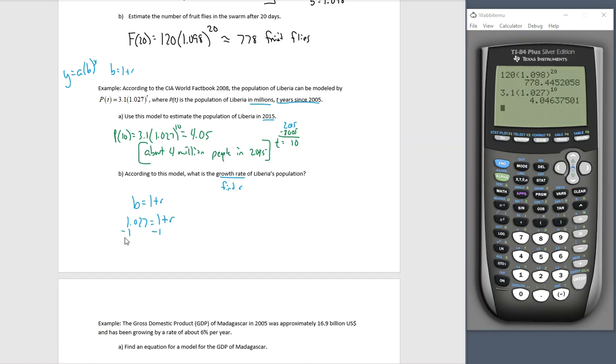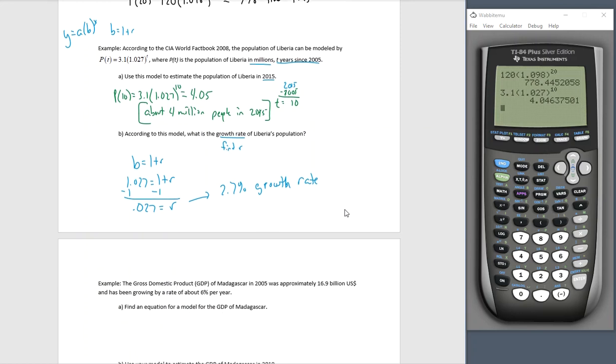So I can find my r value and turn it into a percentage. Since this is positive, it will be growth. If we were to find a negative value, we would have a decay rate. All right, so 2.7% growth rate is, according to that particular model, the growth rate of the population of Liberia.